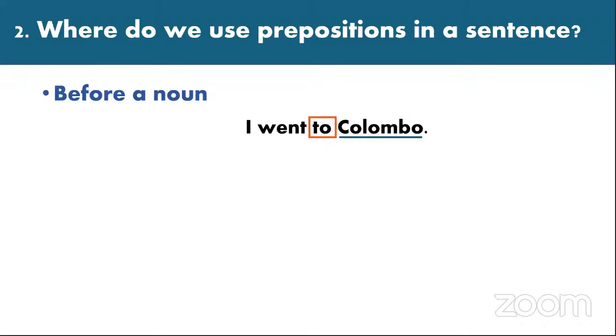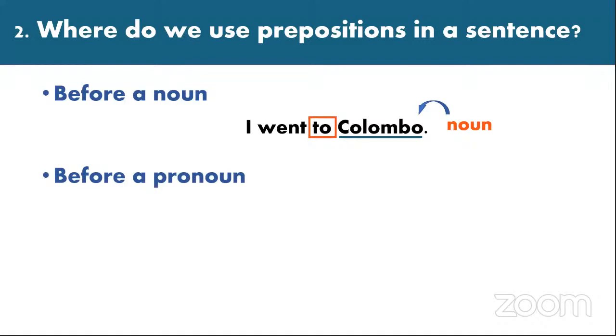So the preposition to is used before the noun Colombo. I think it is clear to you. Let's move to the other one.